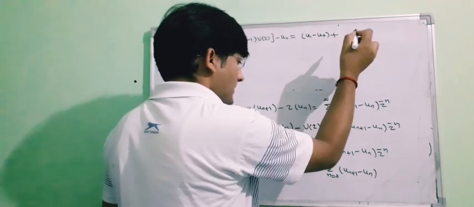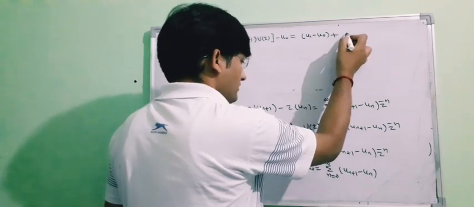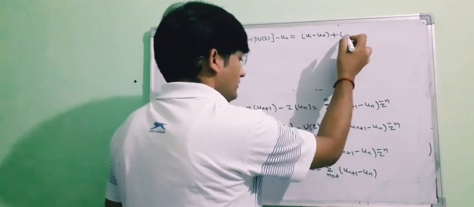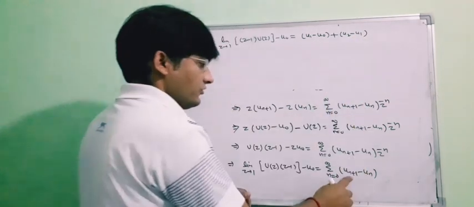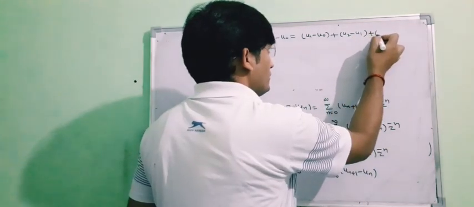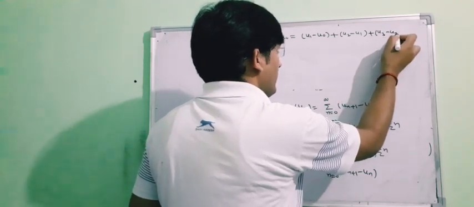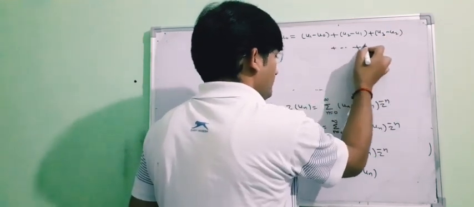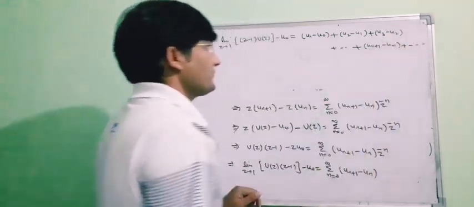Then we will have, for n equal to 1, this will be U2 minus U1. Then for n equal to 2, this will be your U3 minus U2. And then we will have another term, U(n+1) minus U(n).